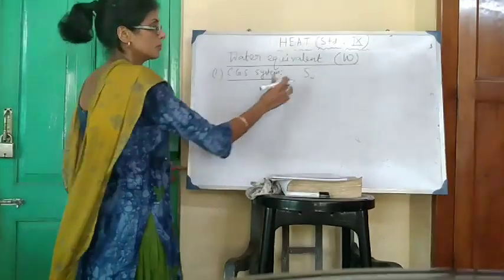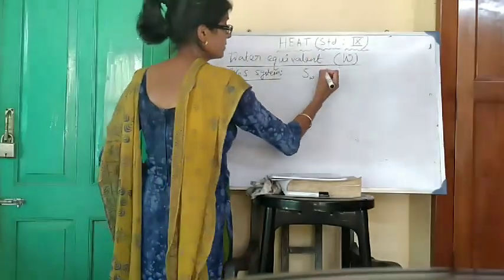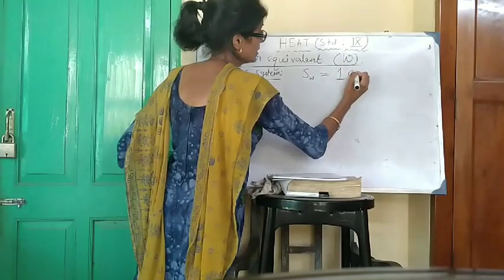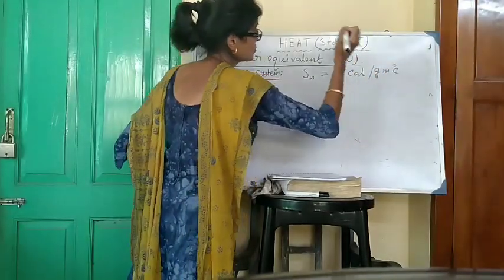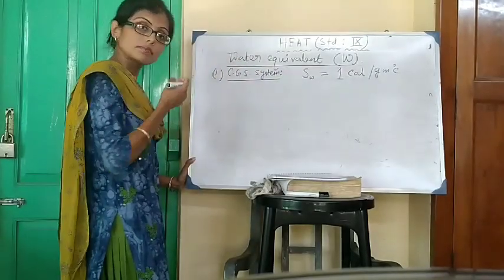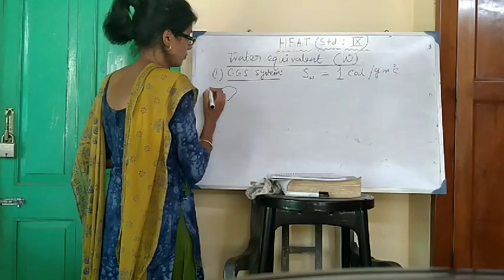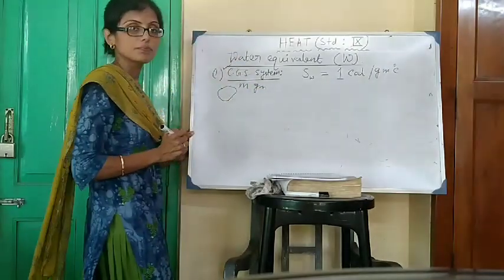Suppose SW, W stands for water, S means the specific heat, SW means specific heat of water. The value of SW is 1 calorie per gram degree Celsius. Okay.